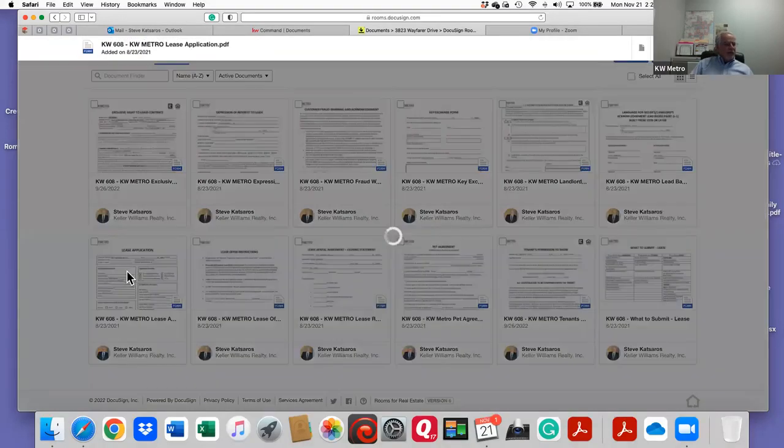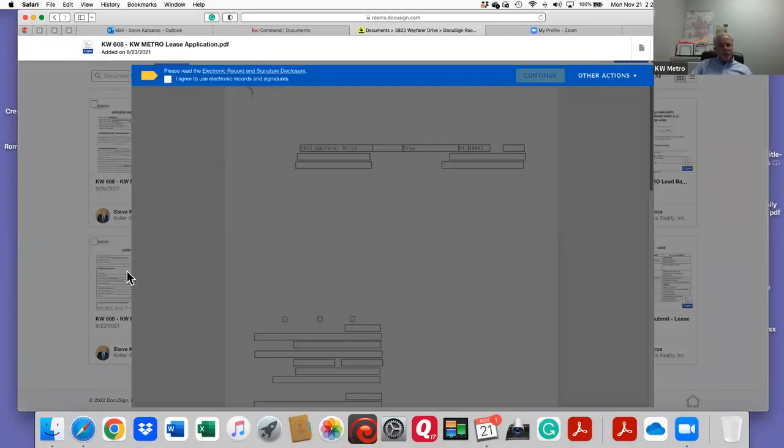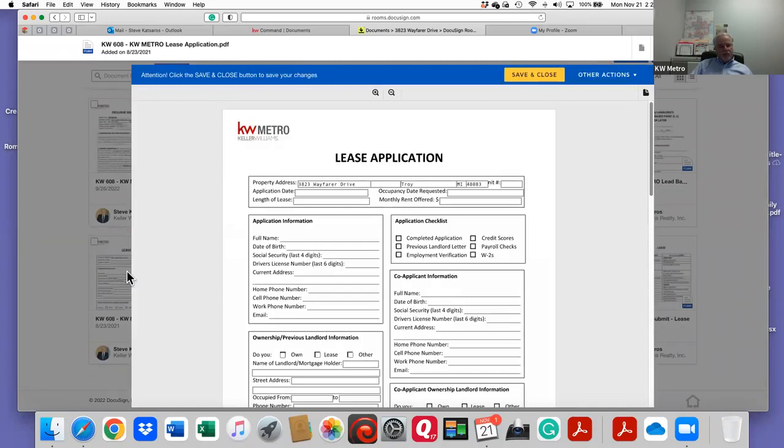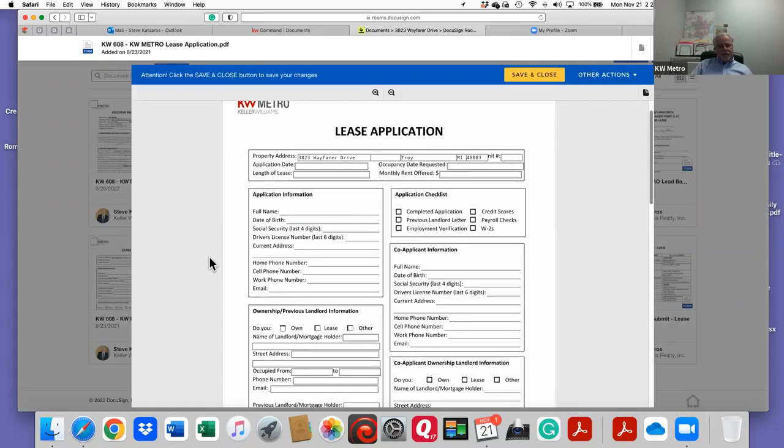So we do have a lease application, which I've revised to take out any personal information that shouldn't be transmitted over the internet. So that means driver's license, social security numbers, will not be transmitted over the internet ever in this office. So we just have you abbreviate them, last 4 or last 6 of the driver's license.